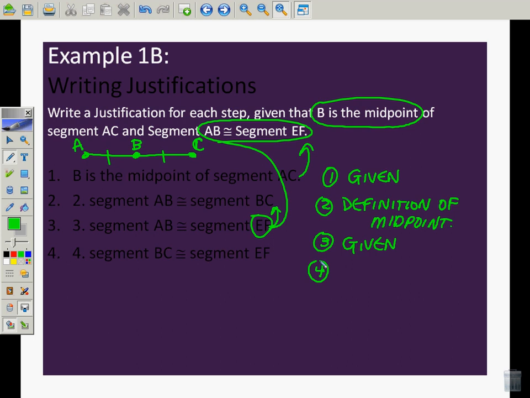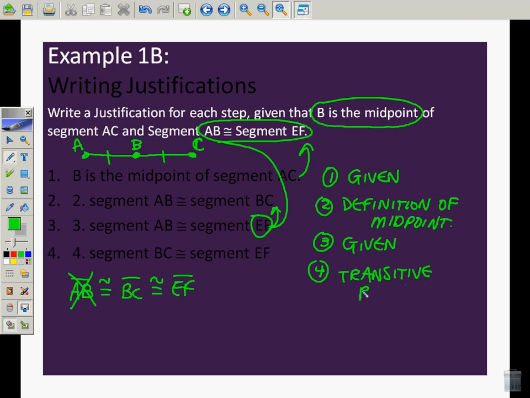If I've got AB congruent to BC congruent to EF, all I'm doing here is saying, forget about this BC part or this AB part, because I've already said that they're congruent. So this is the transitive property of congruence.